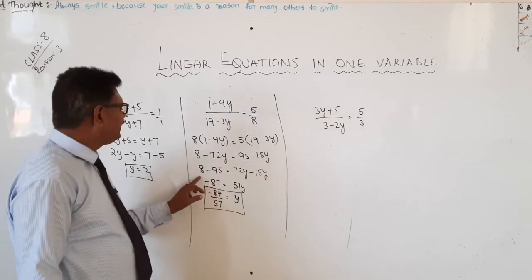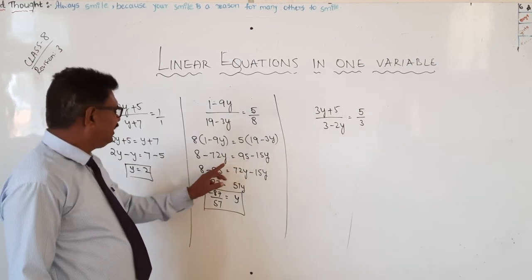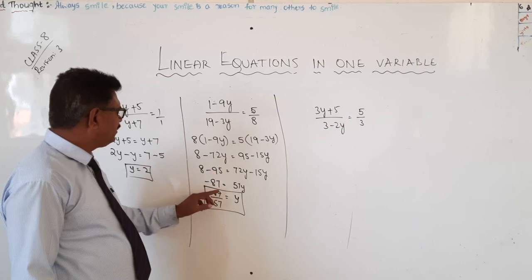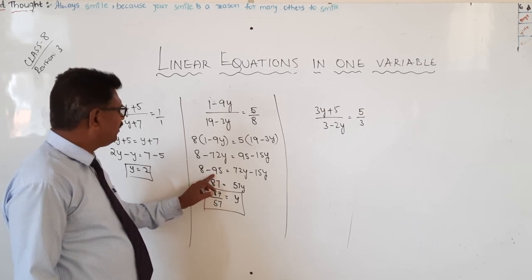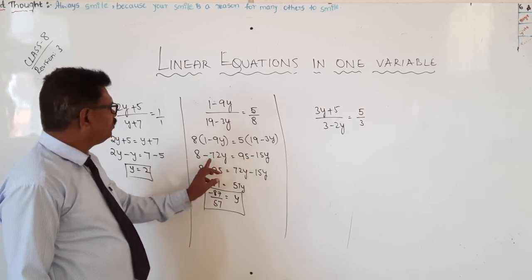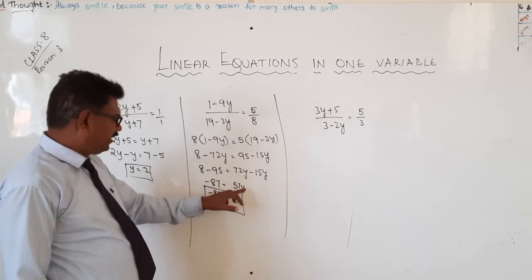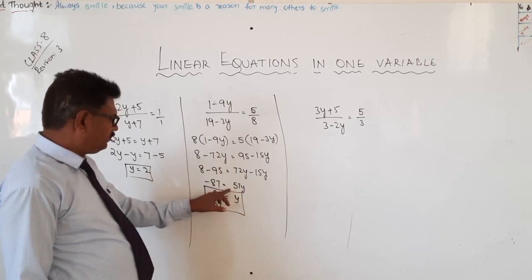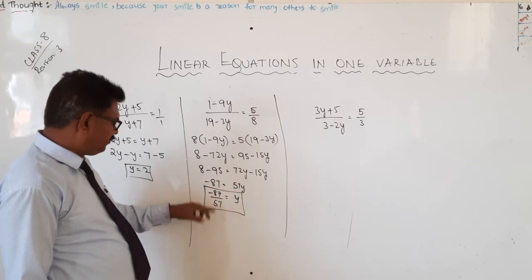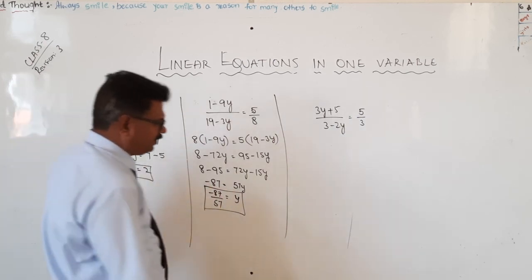Now 95 if it comes here, 72 if it comes here, plus 72 minus 15y. So 57, minus 87, so y equals minus 87 by 57. Okay? Next.